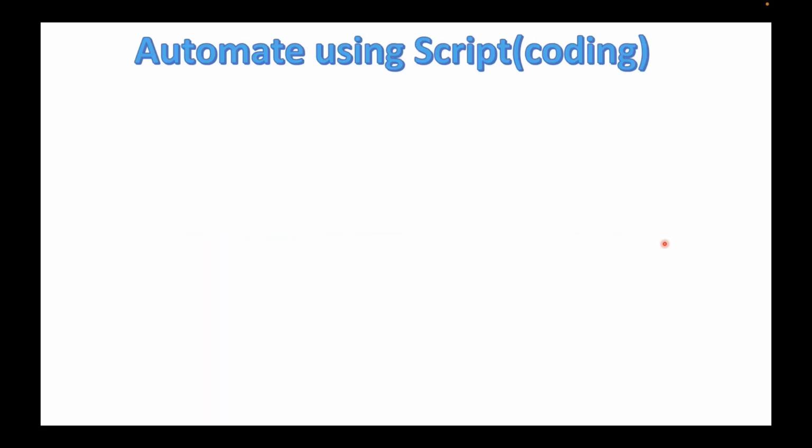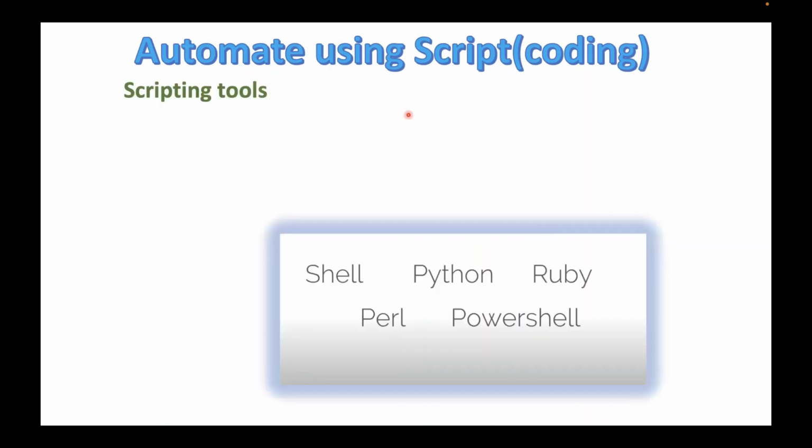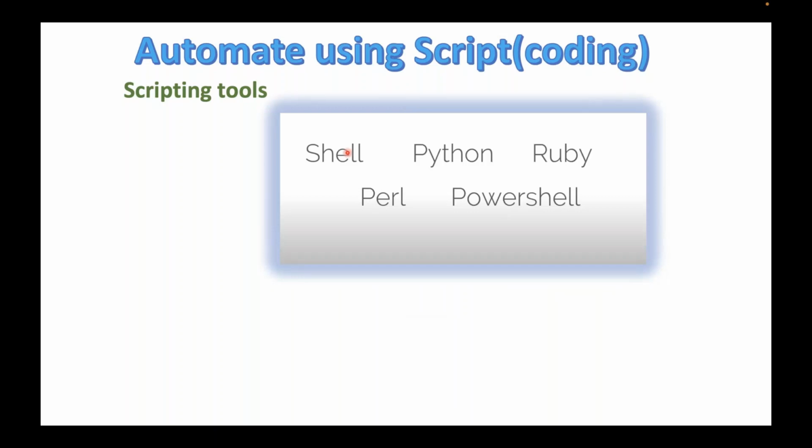So let me go deep from the basics. Before going into the IaC tools, let's understand this. We know we have various scripting tools available in the market, right? Shell, Python, Ruby, Perl, PowerShell. Why are we using the scripting tools?